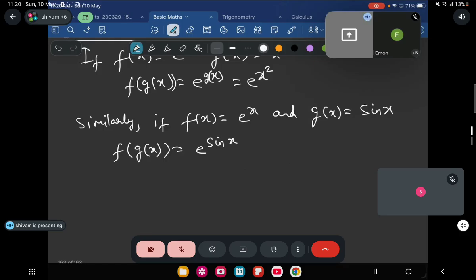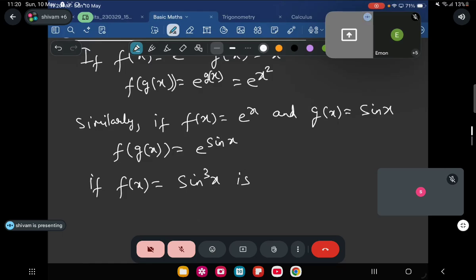Next, now let us do the reverse. If f of x equals sin cube x, it is the composite of two functions. Raise your hand, tell me. Yes, Niyadri?